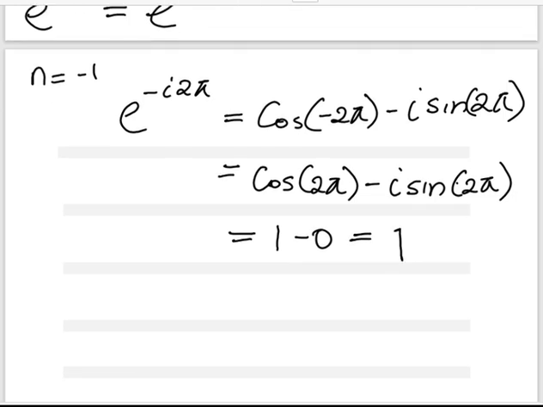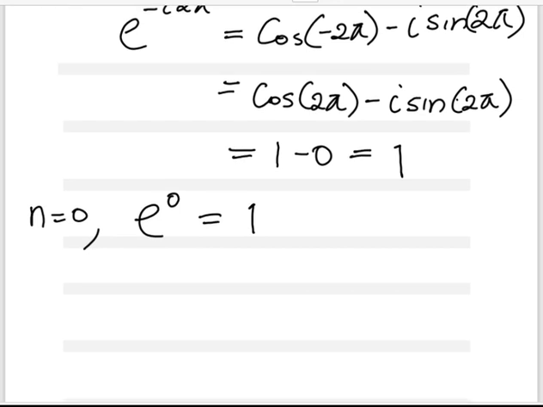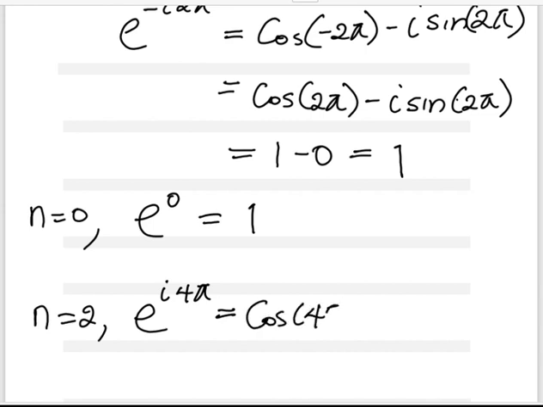Let's say when n is 0. We already solved that this would be e to the power of 0, and this is 1. When n is equal to 2, we'll have exponential i 4 pi, and this is cosine 4 pi plus i sine 4 pi.